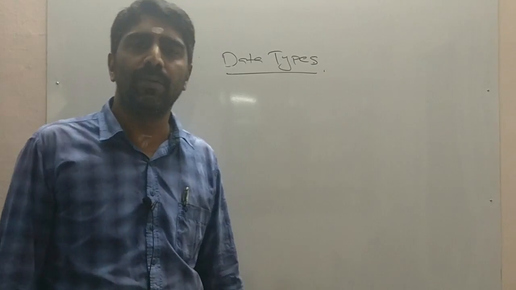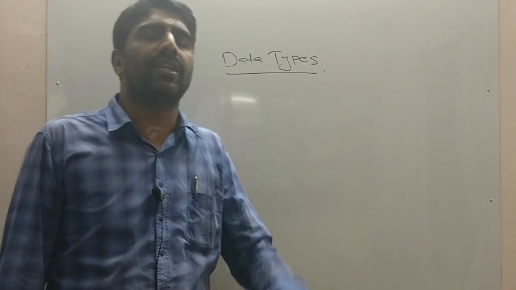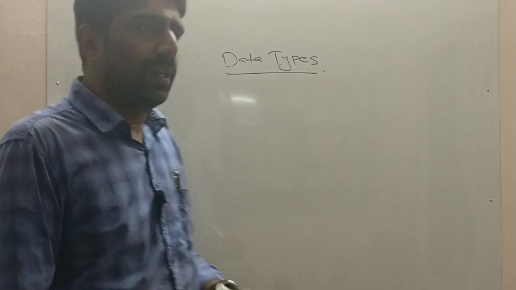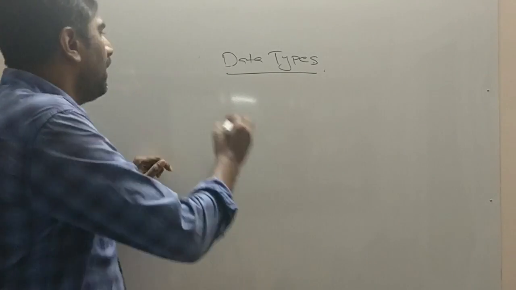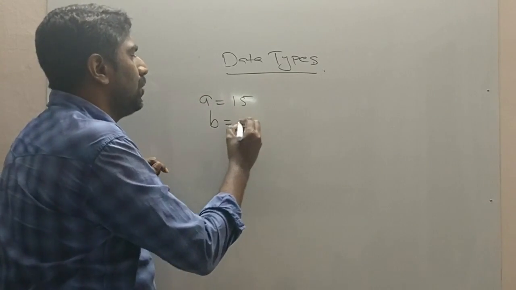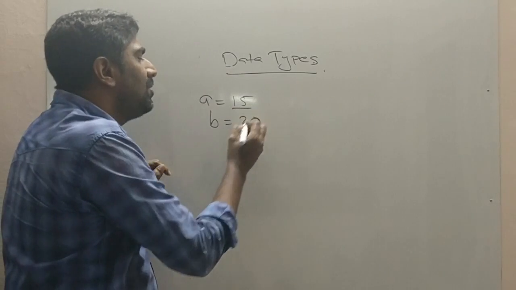That means in the Python programming language we are inputting different types of data. For example, if you want to add two numbers, we can enter two numbers: a is equal to 50, b is equal to 20. Then what is the type of this data? This is integer type.